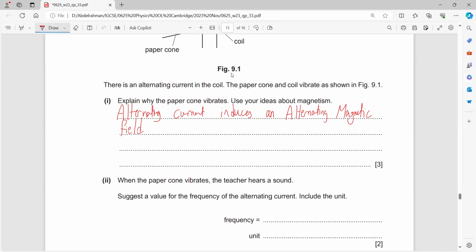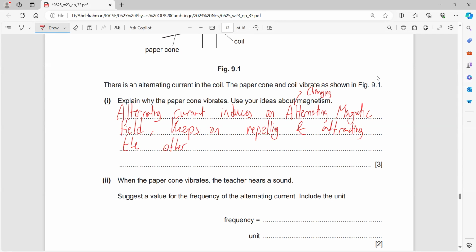Now this alternating magnetic field, what does it do? Why is it alternating? It's alternating because it was an alternating current. What's the effect of an alternating magnetic field? What does alternating mean? It means that it is a changing magnetic field. It keeps on repelling and attracting the other magnet.